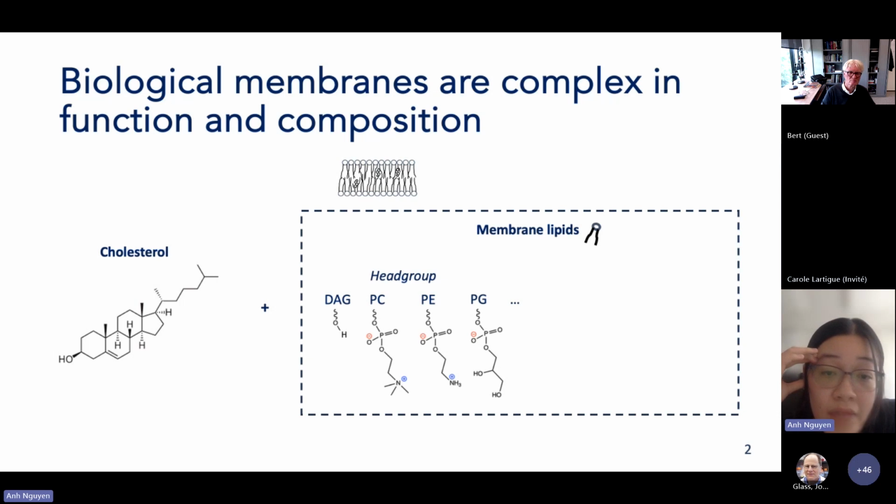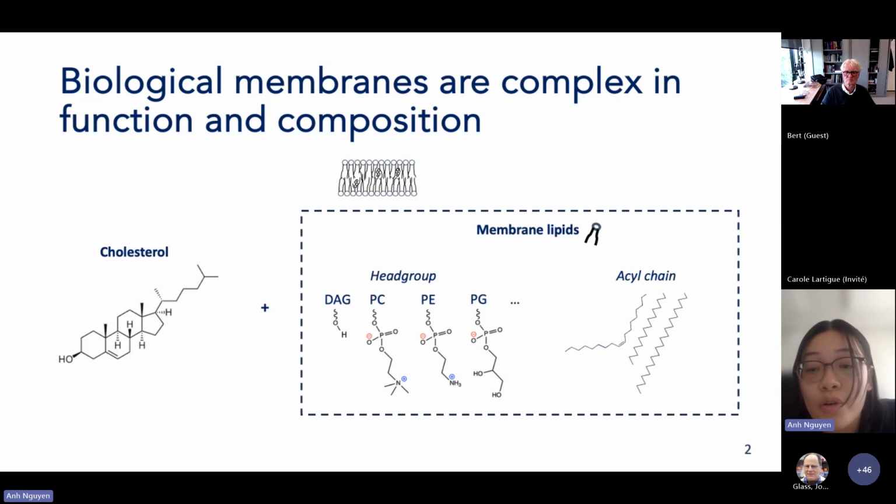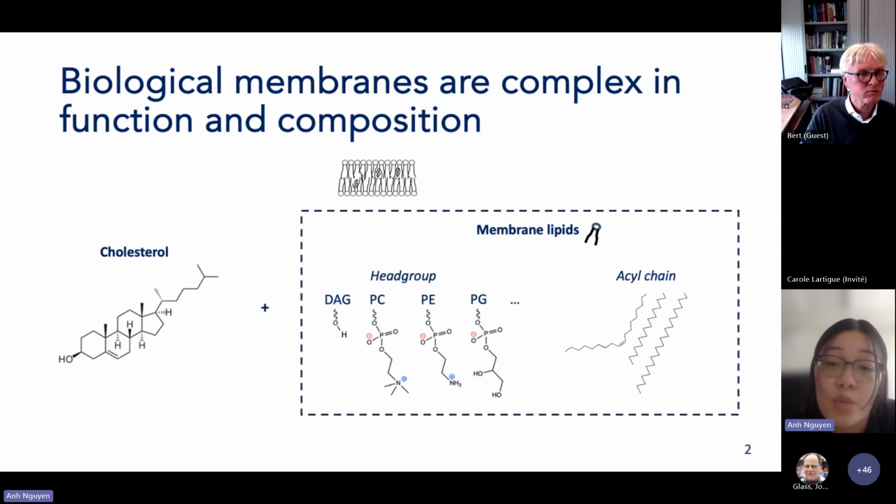The head group can have different structure, and the acyl chain can also be different. It could be longer, shorter, with a double bond or not. All of this combined with each other can create a myriad of different types of lipid, and all of them have different function. That's why you have a very complex membrane.